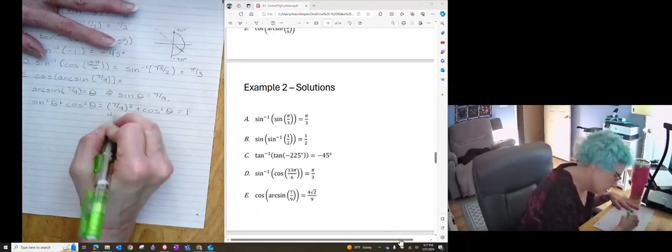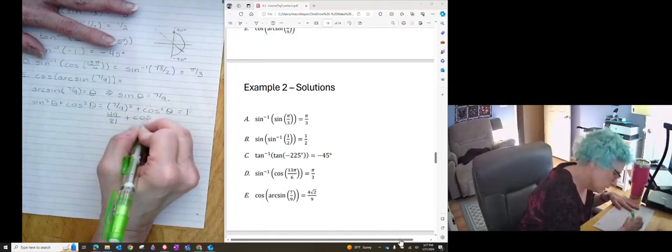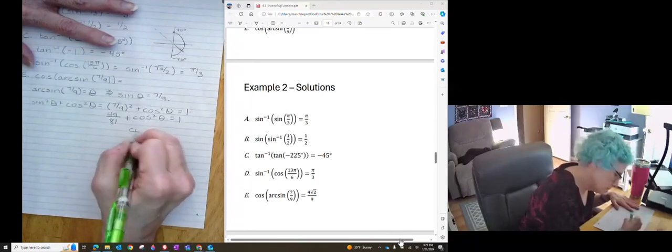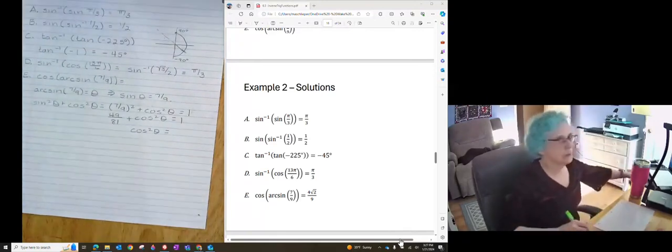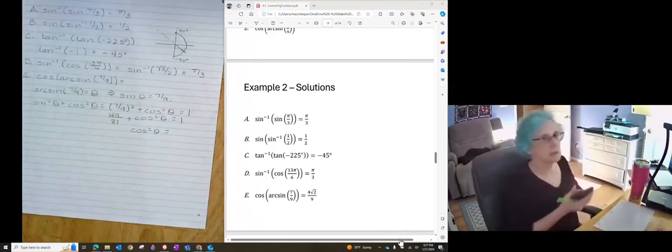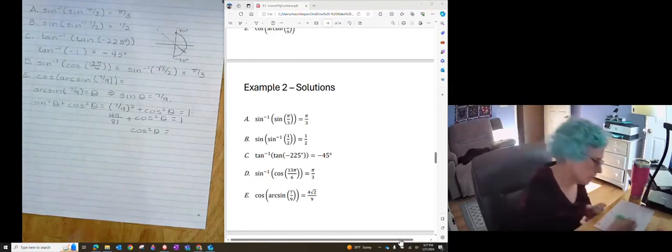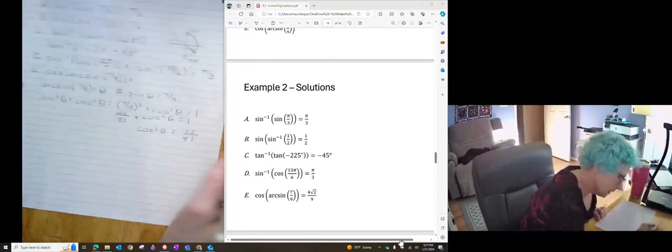So 49 over 81 plus cosine squared of theta is equal to 1. Cosine squared of theta is equal to, I'm going to do this with a calculator, 81 minus 49 equals 32. So 32 over 81.